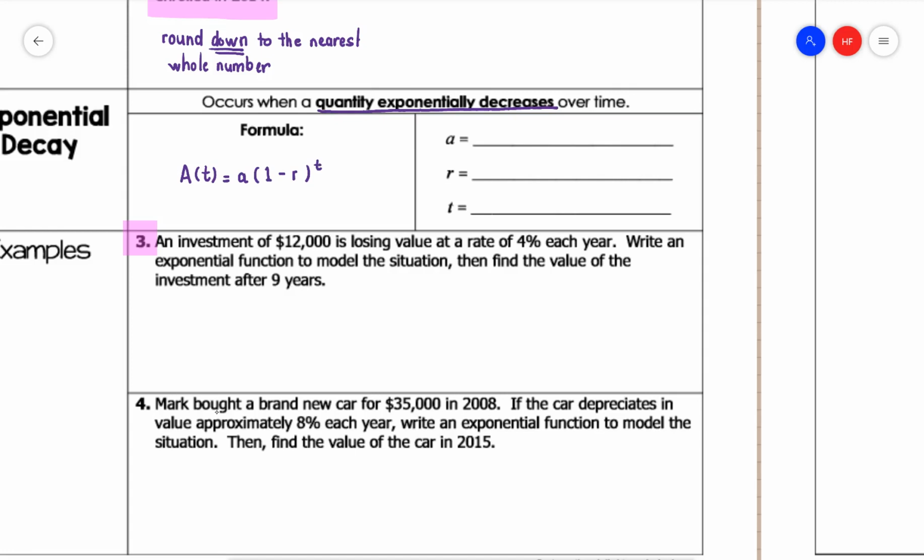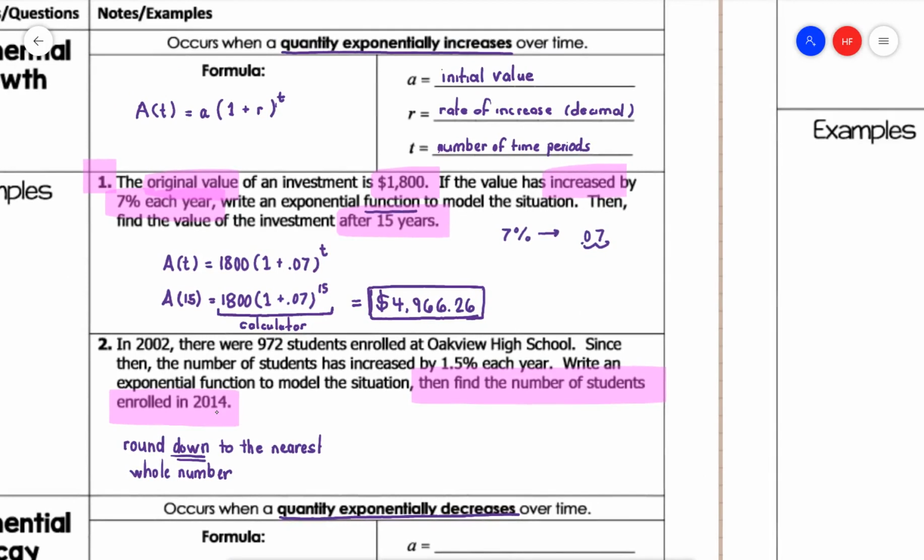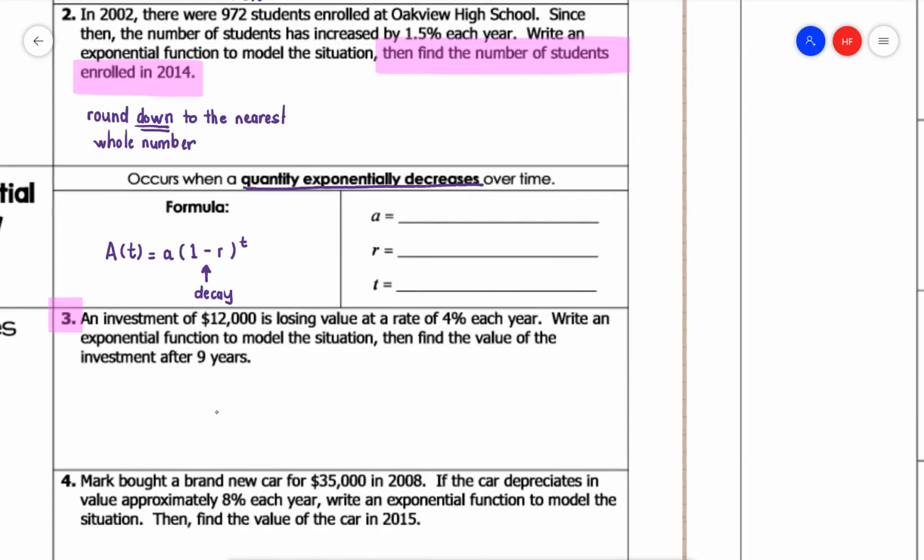So whenever you see decay, decreasing value, then you're going to have minus. Whenever you see increasing value, then we're going to have plus in between. So it's the same formula, just one minus and one plus.